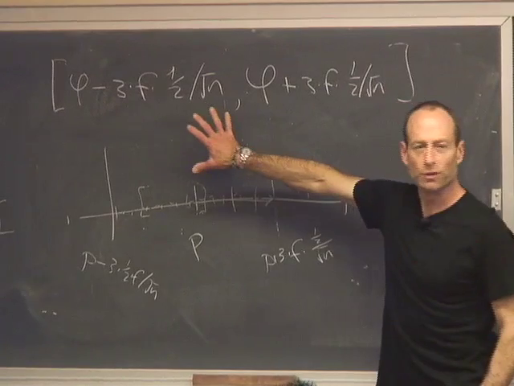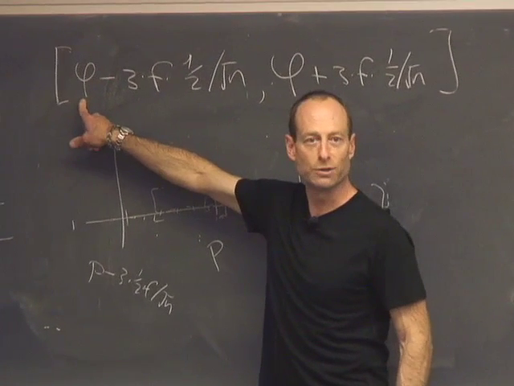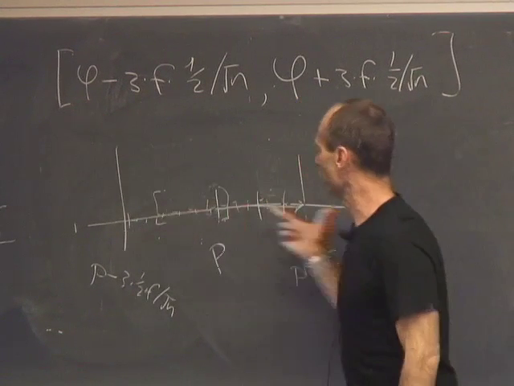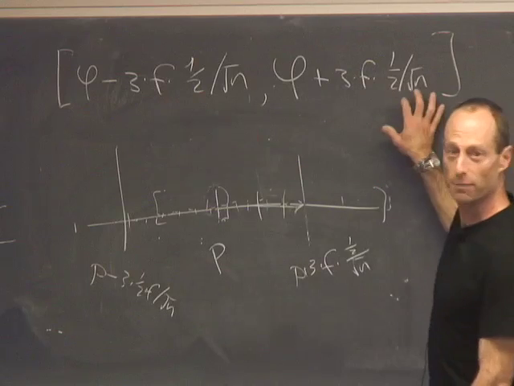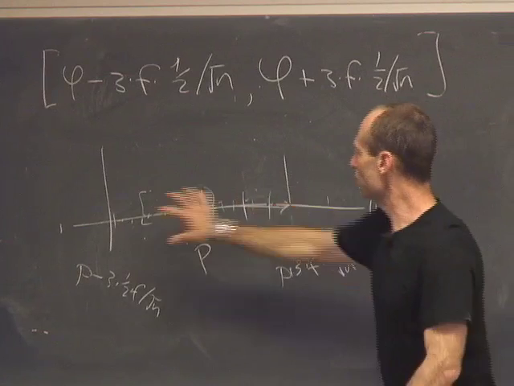This is a random interval, right, because it depends on phi, and phi is a random number. Phi depends on the sample. It's the sample percentage, okay? So this is a random interval. It's centered at phi. It goes down from phi by this much. It goes up from phi by the same amount, right? Okay. So this interval is random.